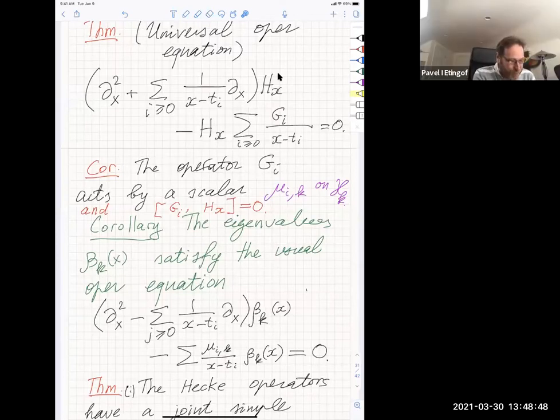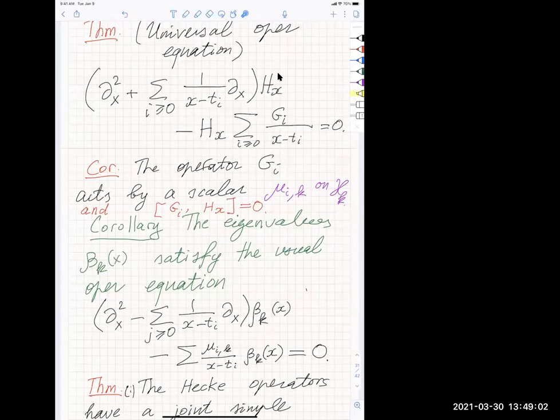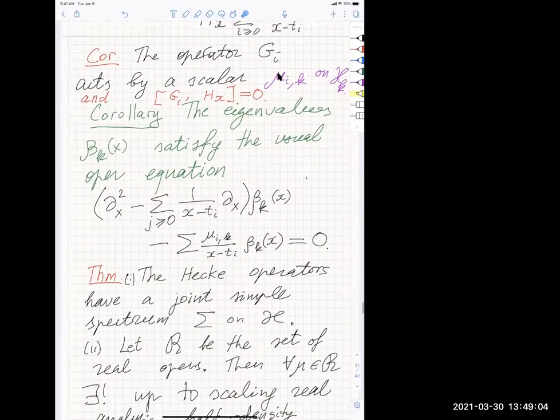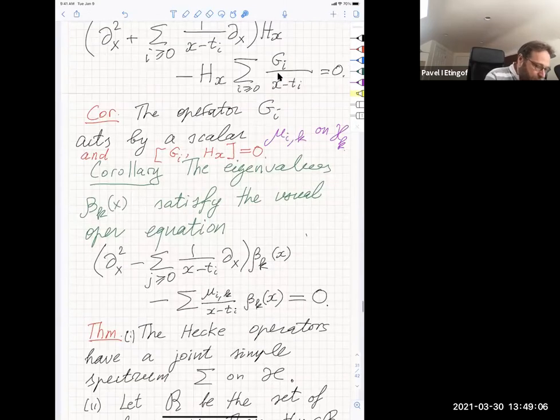One condition is that it's a real Oper, another condition is that you have these asymptotics, and they turn out to cut out the same set. Does it answer your question? Yes, it does. Okay, so then Hecke operators have a joint simple spectrum.